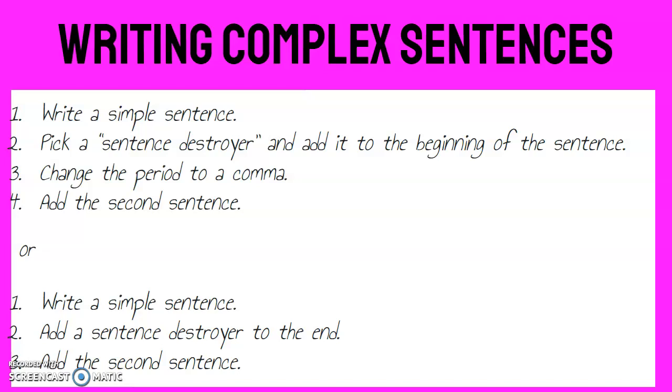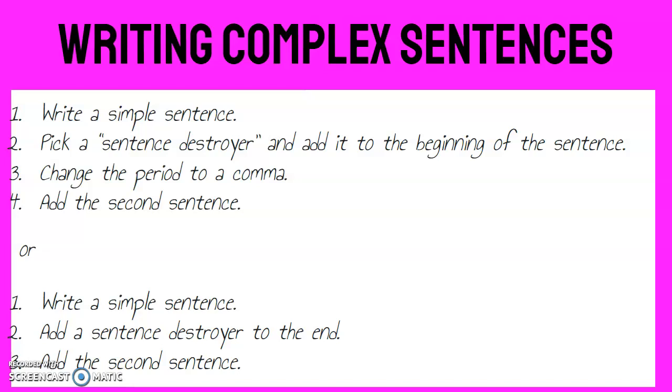You should know how to write a simple sentence. Your second step is to pick a sentence destroyer and add it to the beginning of the sentence. You would add one of those sentence destroyers I just went over with you. The third step is to change the period to a comma for your simple sentence, and then you're going to add a second sentence onto the end.